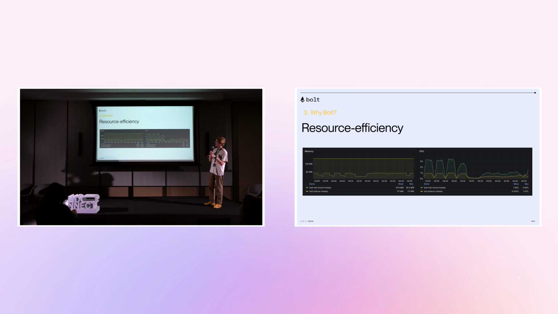The memory never exceeds 200 megabytes, and CPU, out of 12 cores, never really exceeds 3% usage. So we're pretty optimistic about that and can probably get it down even more. This is resource efficiency and why we think it's important.